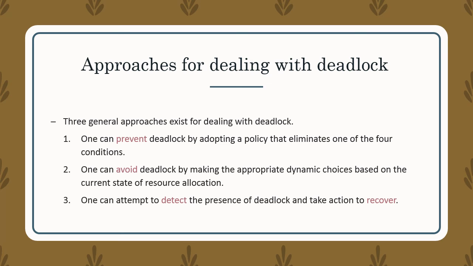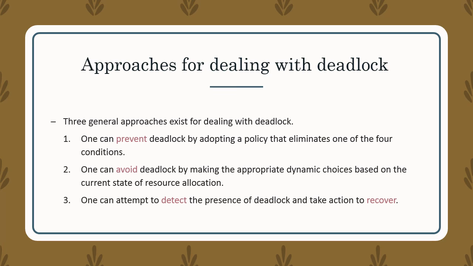So the third strategy is a laid back strategy. I say let hell break loose, let deadlock come. And when deadlock comes, then I will first detect or identify that yes, this is a deadlock, and then I will try to recover from that deadlock. But if deadlock is not arising, I am not going to do anything with it.